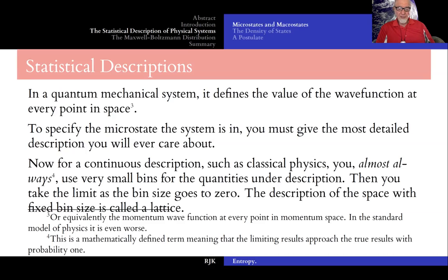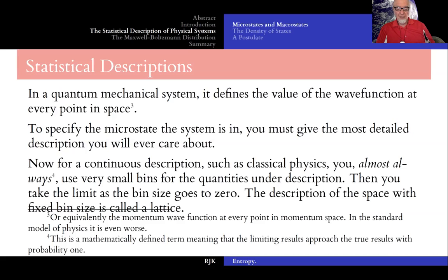For continuous description in classical physics, only Newtonian physics, we're going to use an approximation. We're going to use very small bins for the quantities under description.